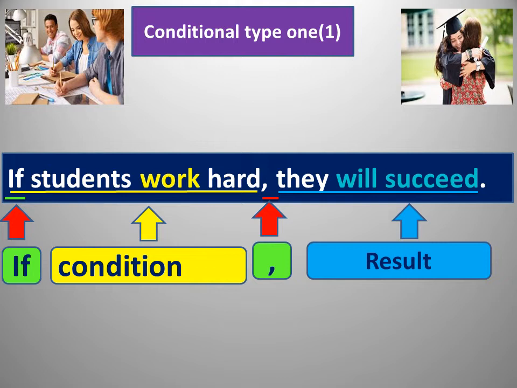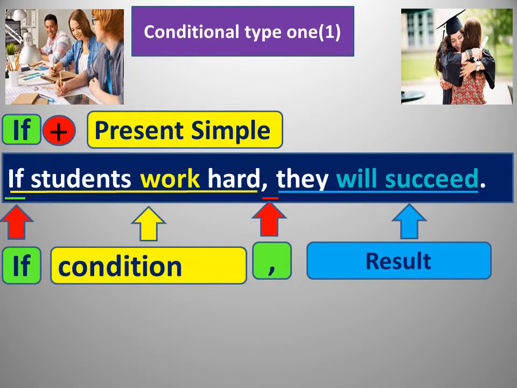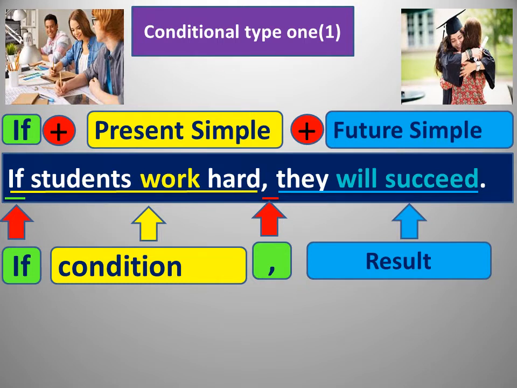Okay, let's see how this sentence is structured. What is the form? This time we have if plus present simple again, like type 0, plus future simple.